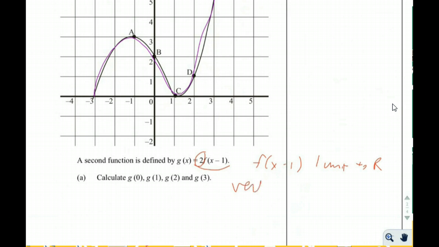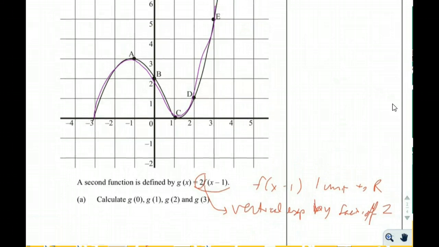So it's a vertical expansion by a factor of 2. All the distances from the x-axis are doubled in this case.